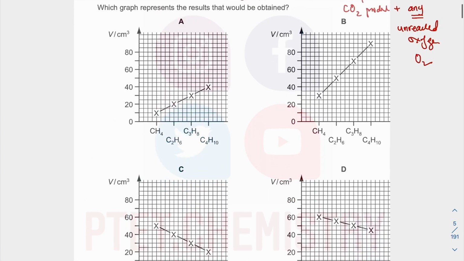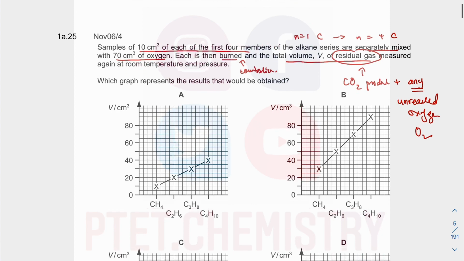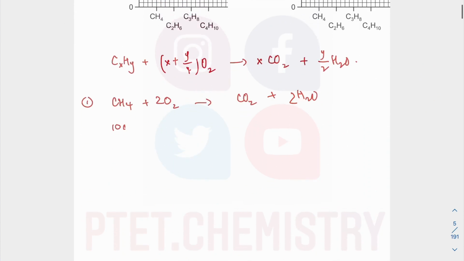So if I have 10 cm cube of the alkane and 70 cm cube of the oxygen, how much do I react? Well, I will react all 10 cm cube, but I will only react 20 cm cube of oxygen because 1 mole reacts with 2 mole.